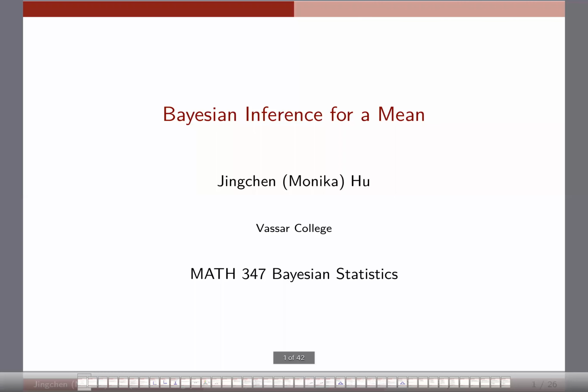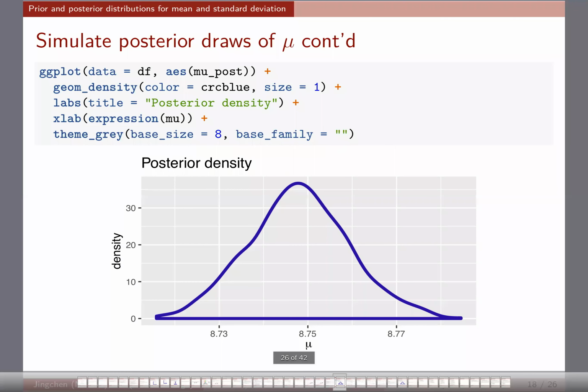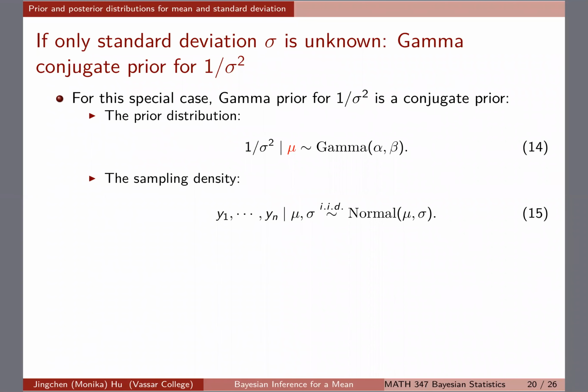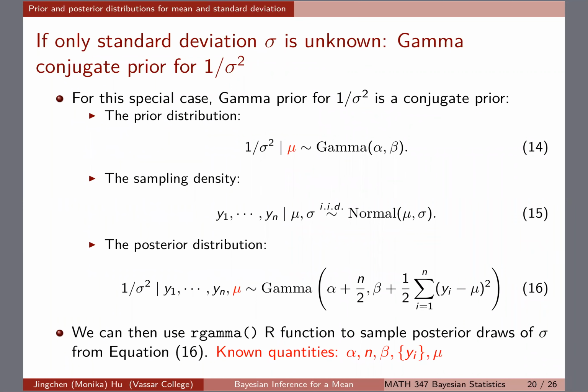So for today, we're going to finish the discussion, and also derive this particular part. We want to make sure that we know the posterior distribution for 1 over sigma squared, which is the precision parameter, will be a gamma.